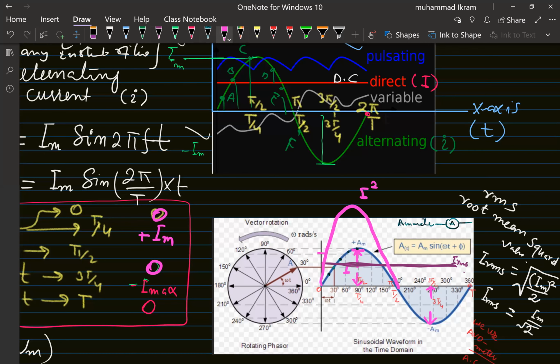Then we take half of the I square, remember, it is not the half of I, but the half of the square value. So that half will be somewhere here, like this. And then you take the square root of that value, and then it comes right over here.